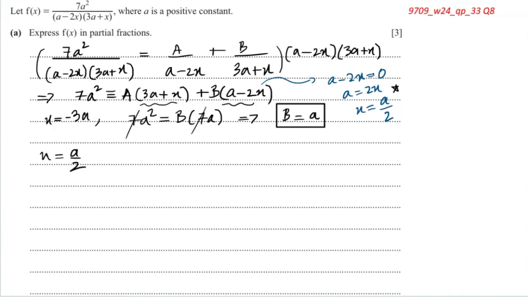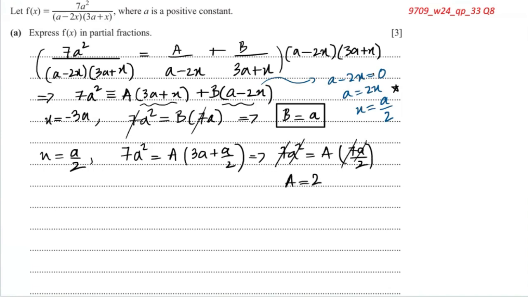Okay. And 7a squared will become A times (3a plus a divided by 2). So this implies that 7a squared will now look like A times (6 plus 1) a divided by 2, that is 7a over 2. 7 cancels 7, a cancels a.